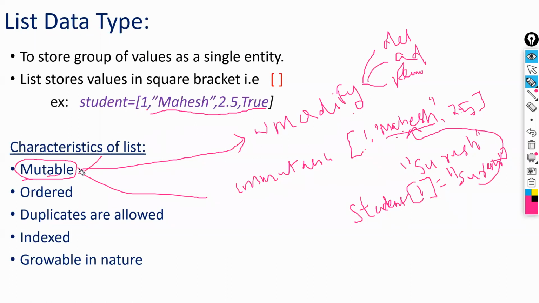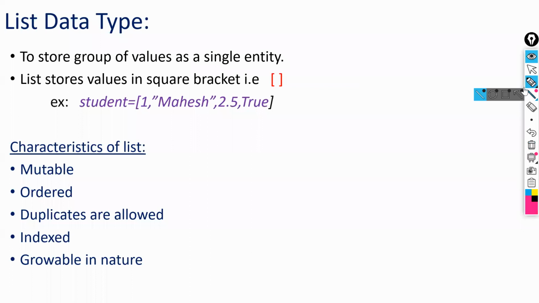This is the concept of mutability. So lists are a mutable data type. And the second one is ordered. Everything is in order: 0, 1, 2, 3. And we can add in order also. We can remove in order also, based upon index number.